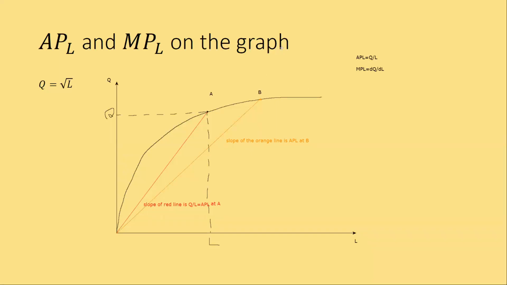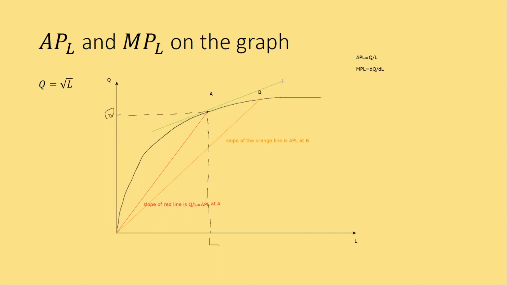Now, if we go back to point A, and if we want to find the marginal products of labor at point A, as we know, the derivative of a curve is the slope of the tangent line to the curve, or it is the slope of the curve, basically.